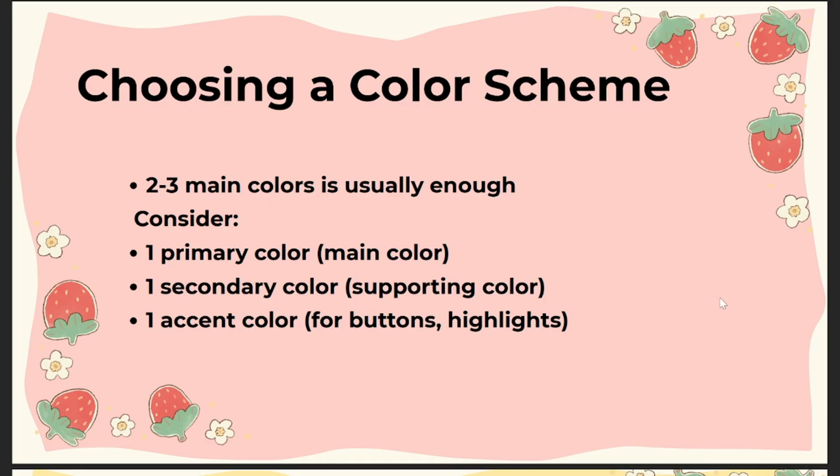Okay. Now, choosing a color scheme, like I said, using 2 or 3 main colors is usually enough. Consider one primary color as your main color, then one secondary color as your supporting color, and then one accent color just for buttons and highlights.